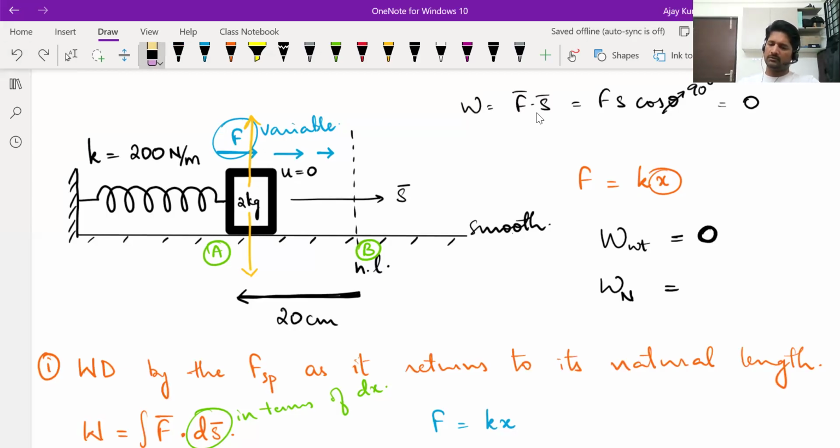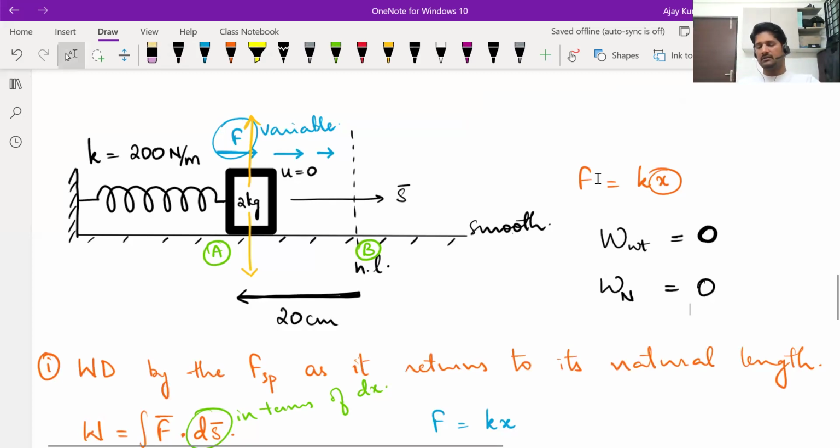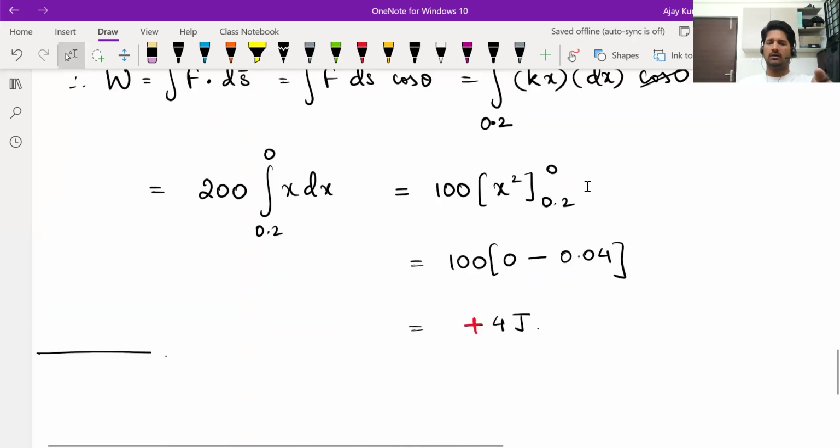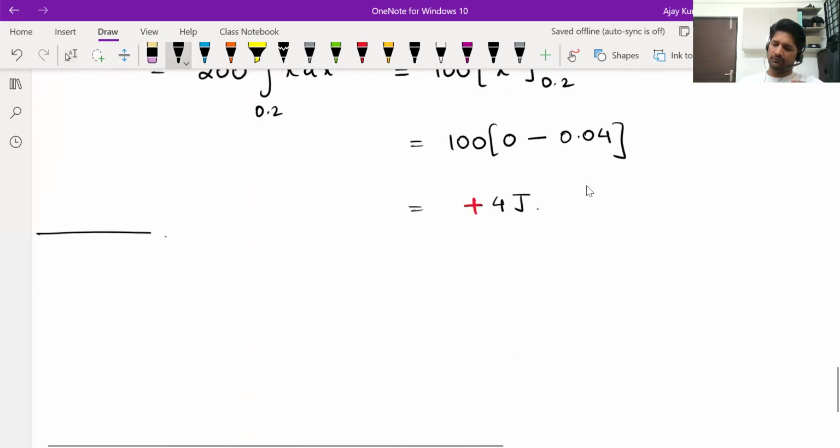Saket, tell me, how much will the work done by normal force during this displacement be? 0, sir. 0 for the same reason. Normal force and displacement are perpendicular to each other. That means spring force is the only force doing work on the block. If spring force is the only force doing work on it, then the work done by spring force itself will be the total work done on it.